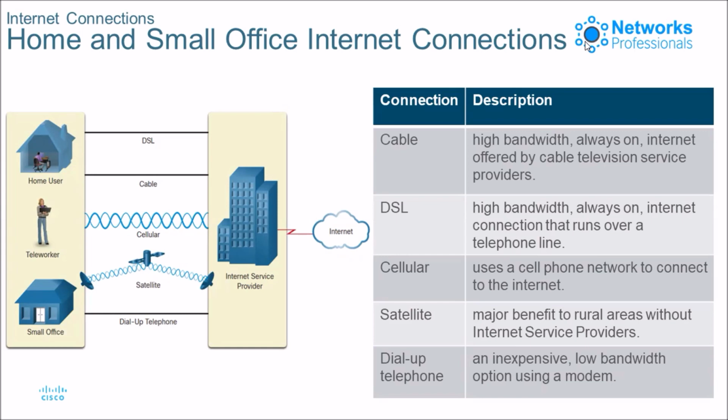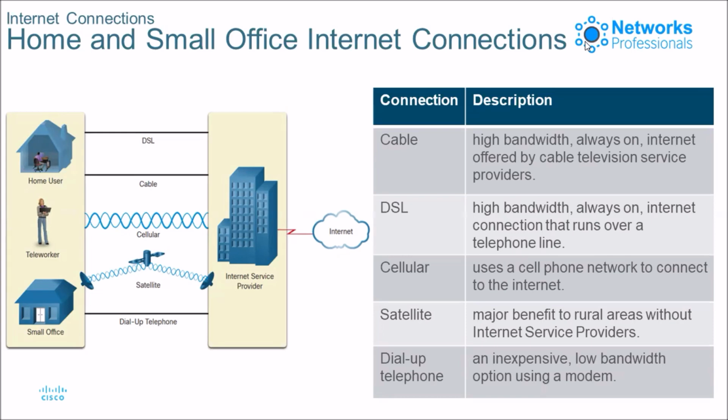DSL runs over a telephone line in general. Small office and home office users connect using asymmetric DSL, ADSL, which means that the download speed is faster than the upload speed. Another type of this is SDSL, which means that downloading and uploading speed is the same.